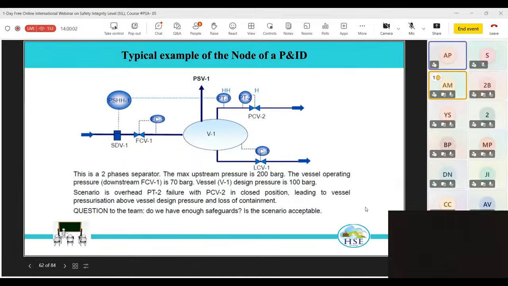Once they come to a conclusion, then they will discuss the same scenario again with the safeguard in position, and then finally they will rate the consequence and likelihood, whether it is worth being considered. If they find it is severe, either very severe or very likely, then they make a recommendation about the particular consequence or likelihood. Okay.